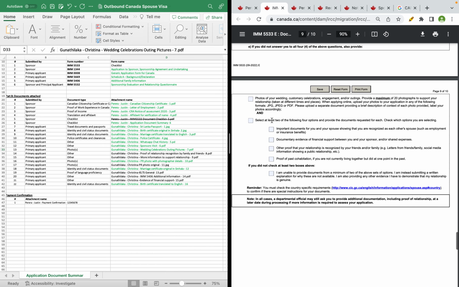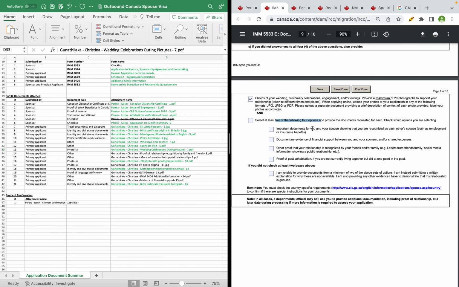Okay, moving on: select at least two of the following four options and provide document requests for each. Check which options you are selecting.